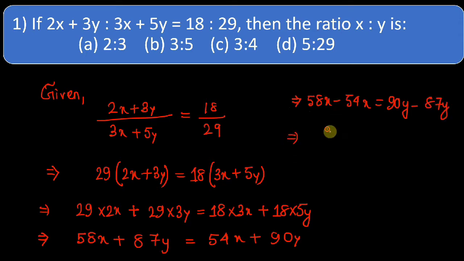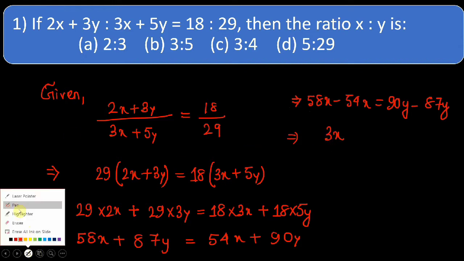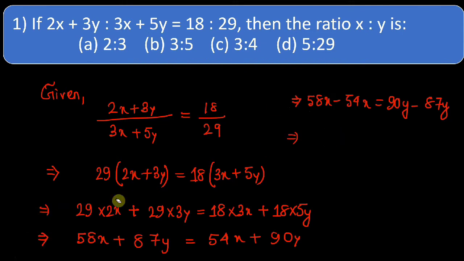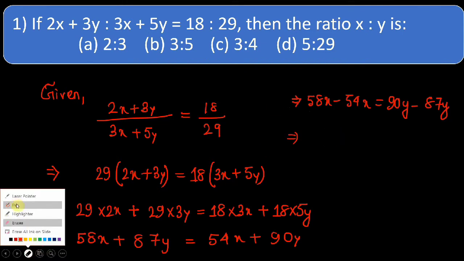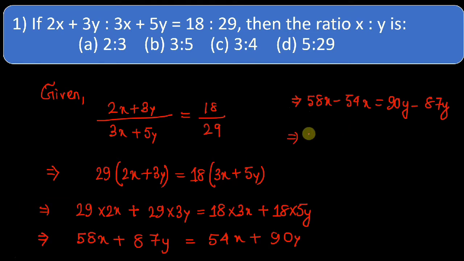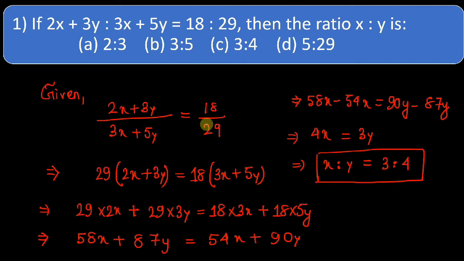So here we get 4x, which is equal to 3y. So x is to y is equal to 3 is to 4, which is the required answer. 3 is to 4. The correct answer is C.